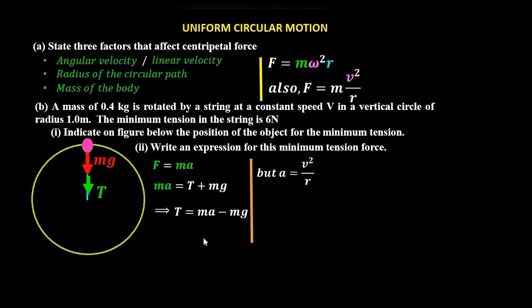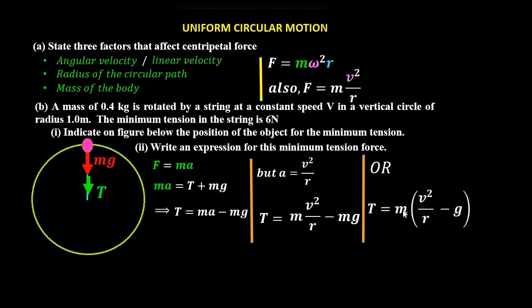Substituting this in this expression here, we'll say tension is equal to mv squared over r minus mg. Now after this, we can factor out m. Remember, we can even leave our answer at this point, or we can have it as tension is equal to m into v squared over r minus g. So this is the expression for minimum tension on the string.